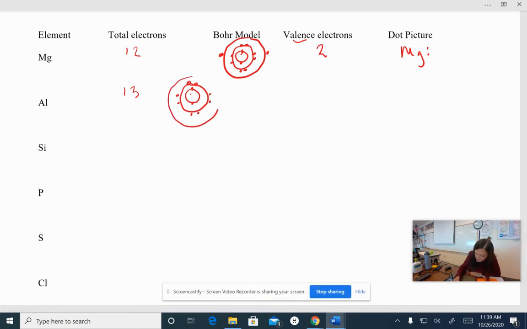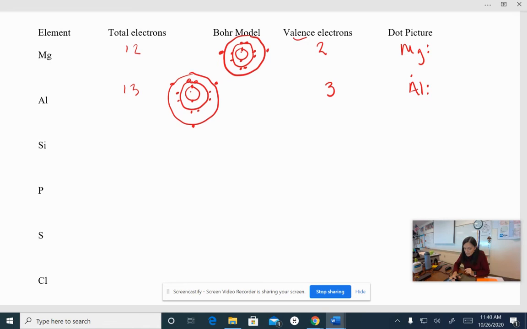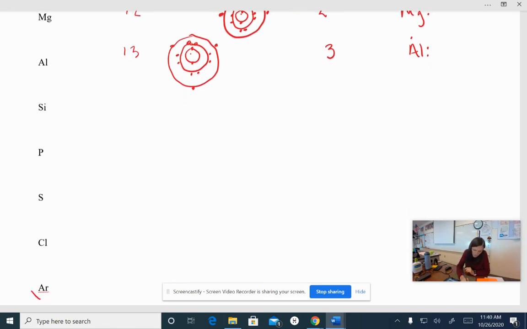And then on the third level, I will have 1, 2, and 3. So 3 valence electrons for aluminum. My aluminum dot picture will just have 3 dots by it. I want you to see if you can do the pattern for the rest of those down to argon. Pause the video right now and see if you can continue on the pattern that we've done. And we're going to check in just a minute.